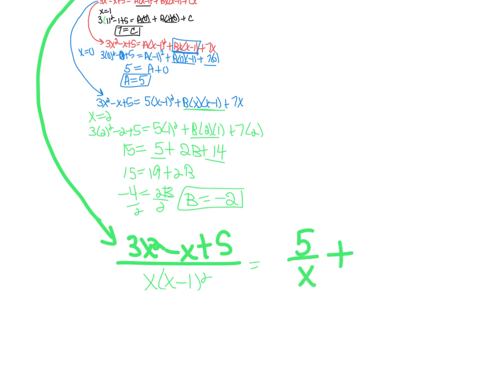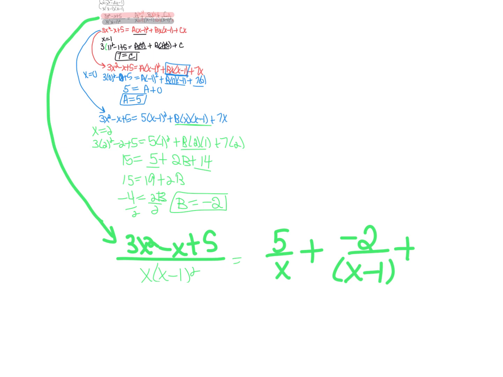Instead of b, negative 2, so negative 2 over (x minus 1), plus, instead of c, 7 over (x minus 1) squared.